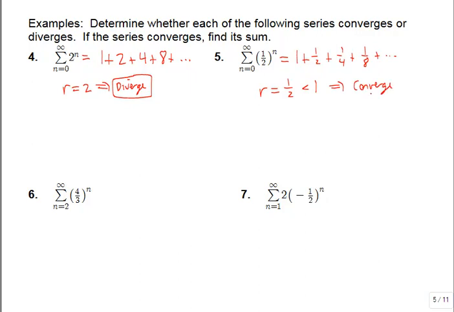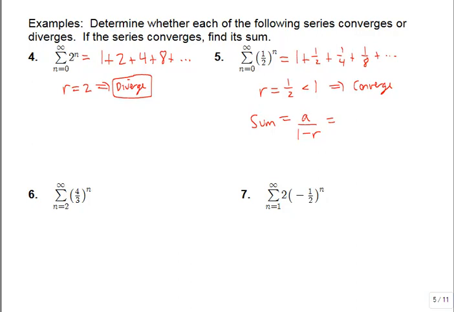Now, since I know it converges, I can find out what its sum is. And that's pretty rare. Usually for these infinite series, we can't actually compute the sum. We can say that it converges, but we may not know what it converges to. The nice thing about geometric series is there's this formula, a over 1 minus r, which actually tells us what the sum happens to be.